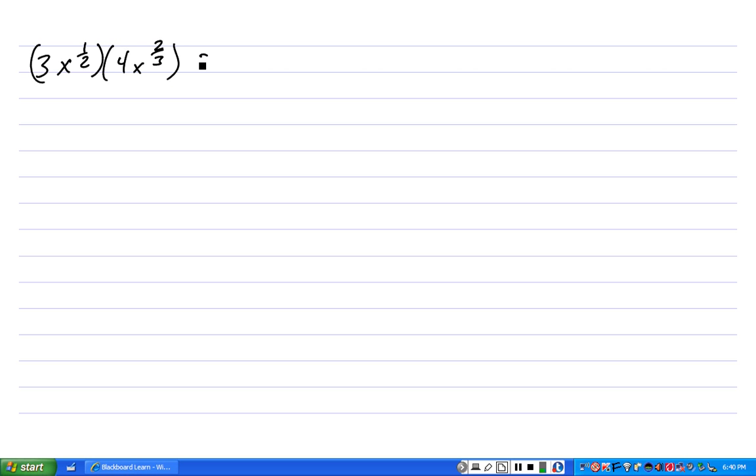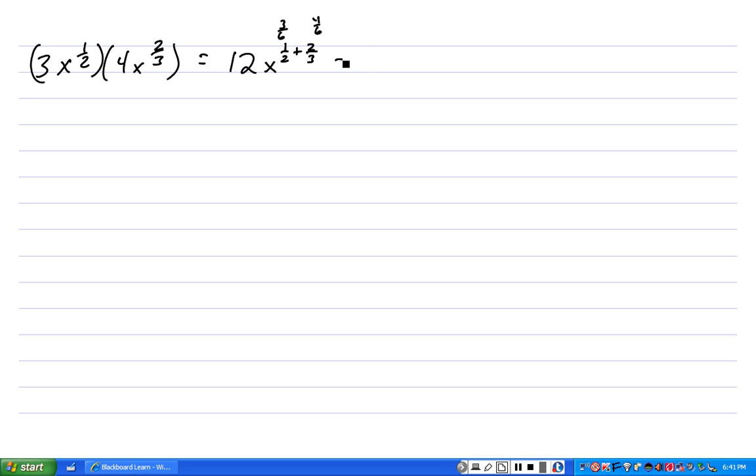The 3 times the 4 is 12, and you have x to the 1/2 and x to the 2/3. So that's 1/2 plus 2/3, because when you're multiplying, you add the exponents, and 1/2 is 3 over 6, and 2/3 is 4 over 6.